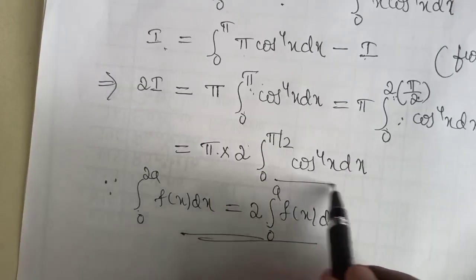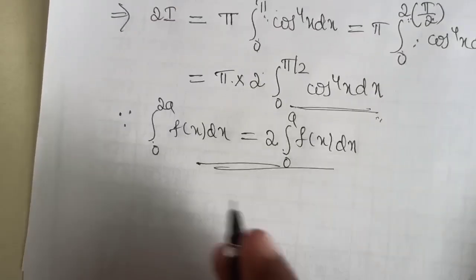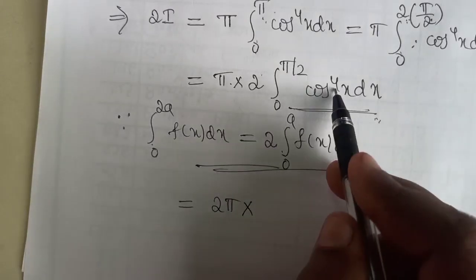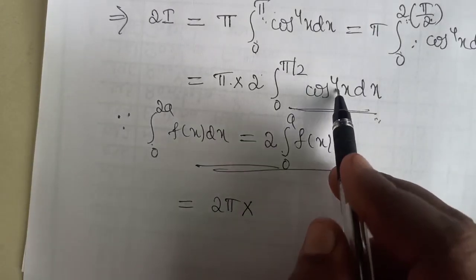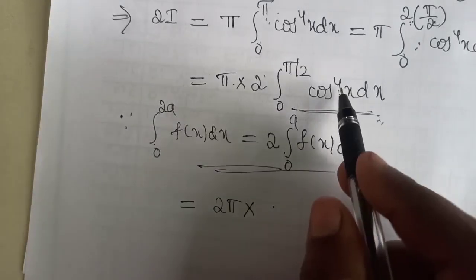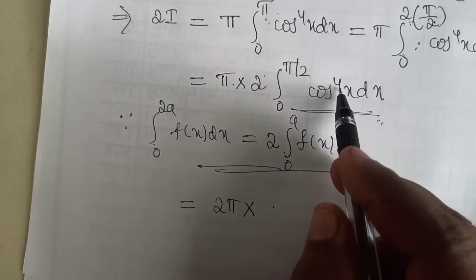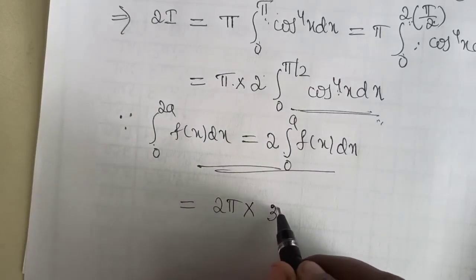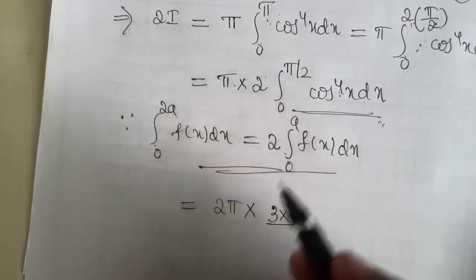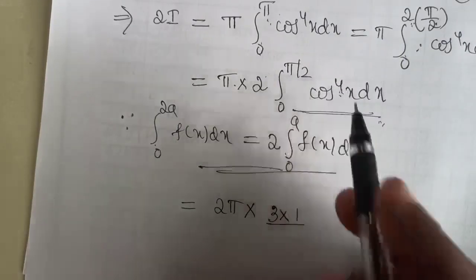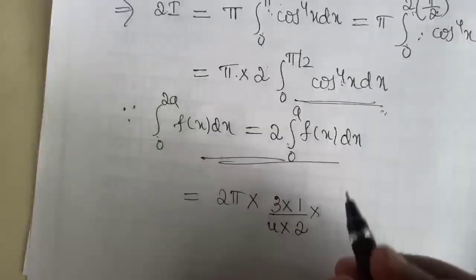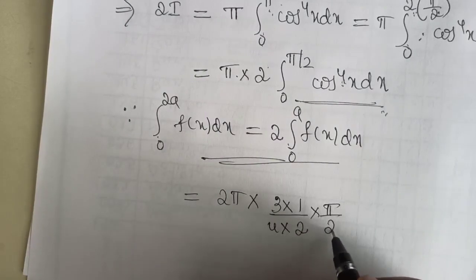Now for this one we have the reduction formula, that is 2 pi into, so here power is 4 which is equals to n. Okay, so whatever the power, the numerator starts with n minus 1, therefore it is 4 minus 1 is 3 into 1 divided by, the denominator we start with given n, that is 4 into 2 into, since 4 is an even number we have to multiply it by pi by 2.